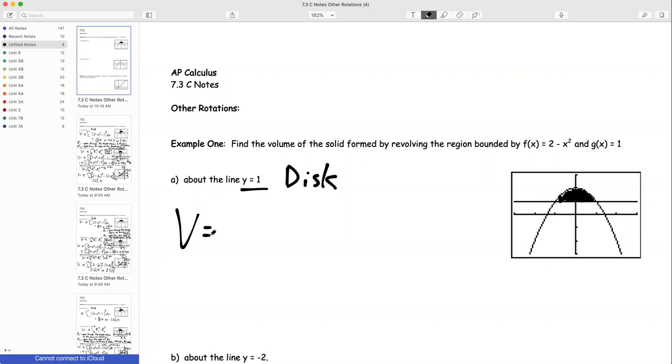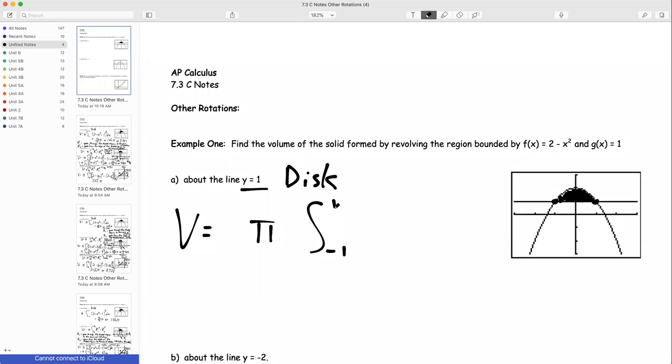So I have volume equals pi. And again, I have the pi because the base of my disk is a circle. And so it's pi r squared. So I have the integral. Bounds are going to be the intersection point here. So -1 and +1.